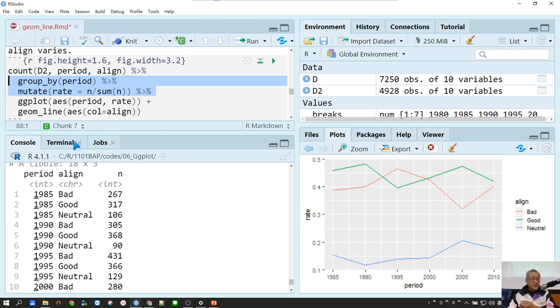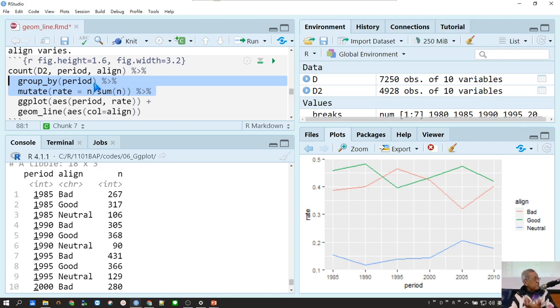You want to see, in each period, what is the ratio of good guys, bad guys, and neutral. The purpose of these two lines is to transfer the count into ratio. So which one is better? If I want to see the trend, should I see the count or the ratio? Why? That is the question.